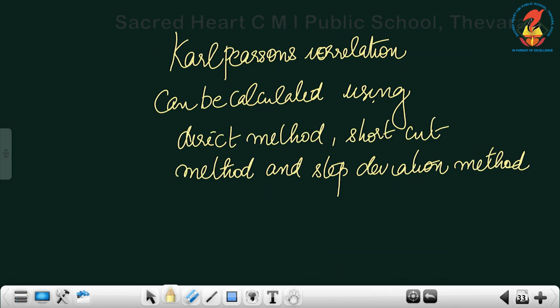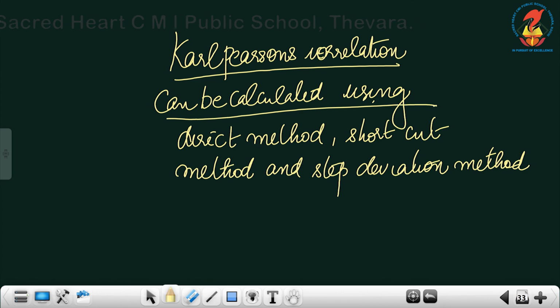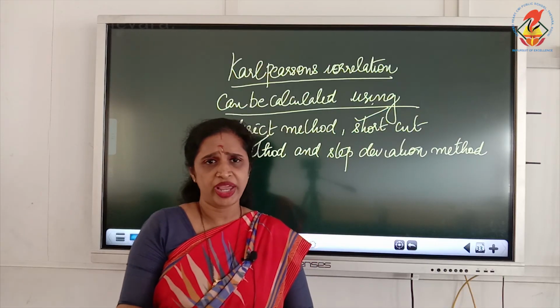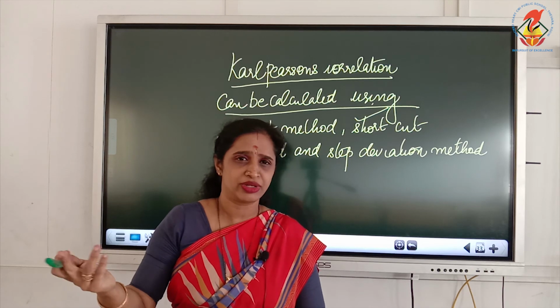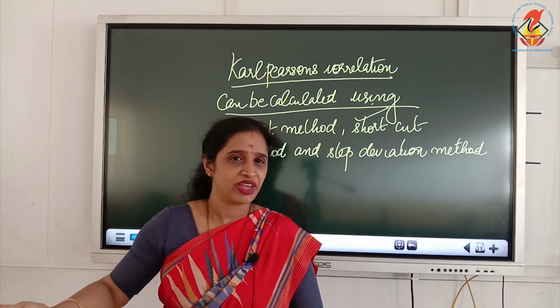Karl Pearson's correlation can be calculated by using the direct method, shortcut method and step deviation method. As they are variables, there is no individual, discrete or continuous series, only variables.